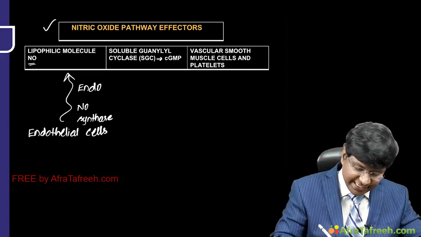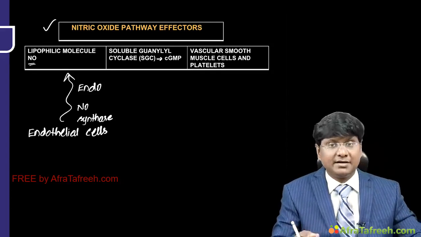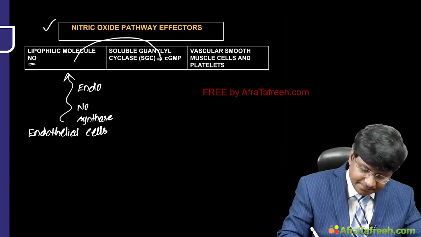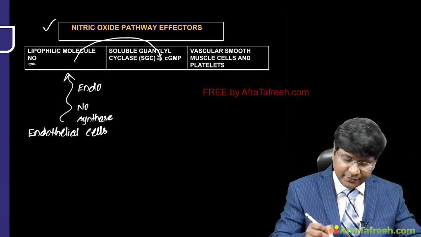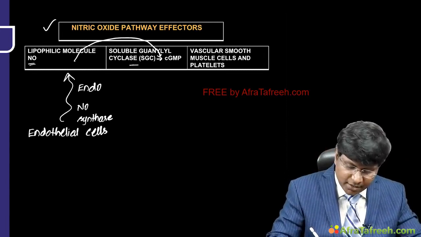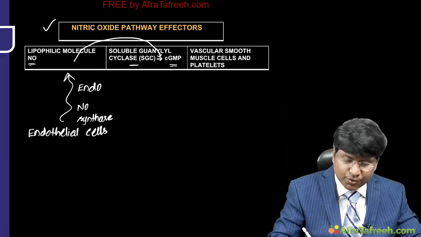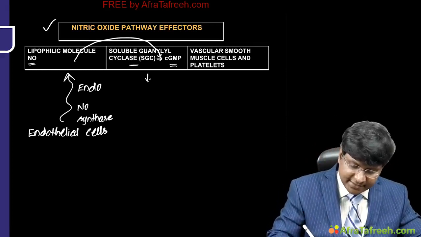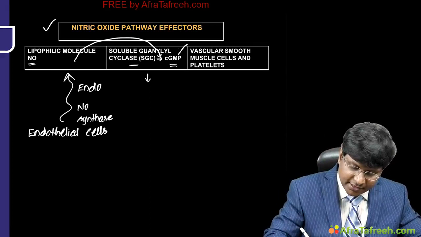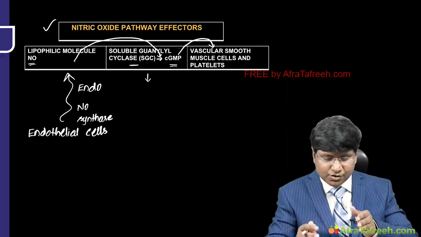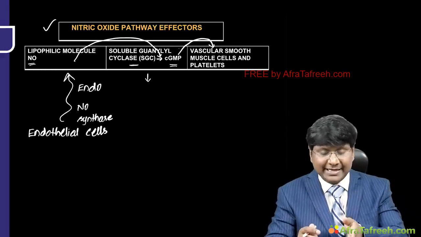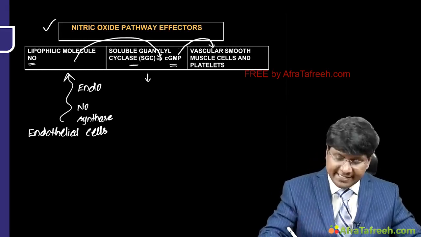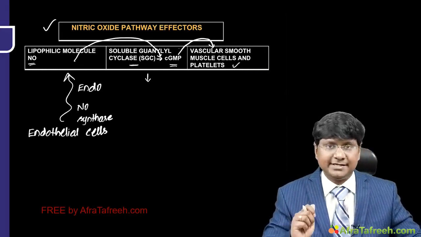This gaseous lipophilic nitric oxide which is being released will activate soluble guanylyl cyclase, converting GTP to cyclic GMP. This conversion occurs in the vascular smooth muscle cells and even within the platelets.